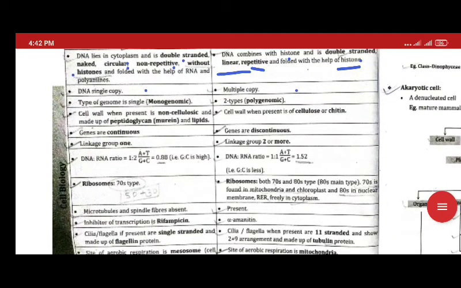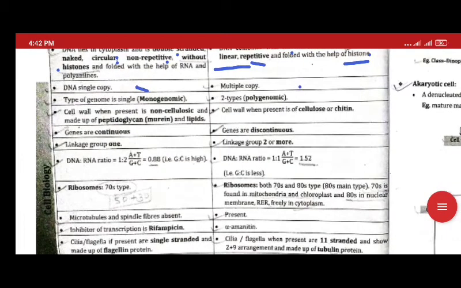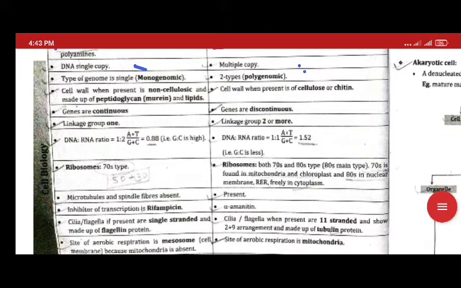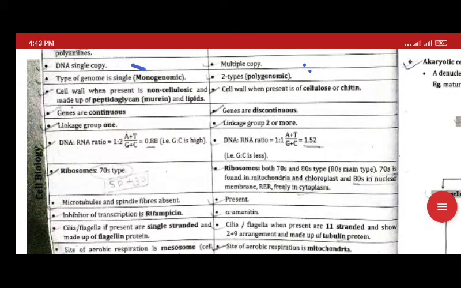According to DNA, the genome type is also different. From one gene, one mRNA forms. So the genome is single, monogenomic, and in eukaryotes it is polygenomic. Now in prokaryotes the cell wall is non-cellulose and made up of peptidoglycan or murein, and lipid.